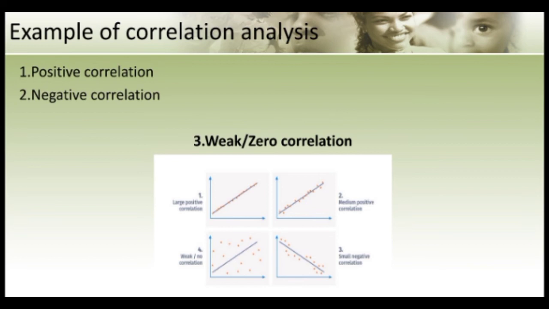Yung gitna, pinakang line, nandun yung mismong line, and yung mga dot is nasa gilid. And the next one is the small negative correlation, which is parang may nabubuo siyang mga shape na parang worms like that. And the last is the weak or no correlation. Ganyan, kalat-kalat.